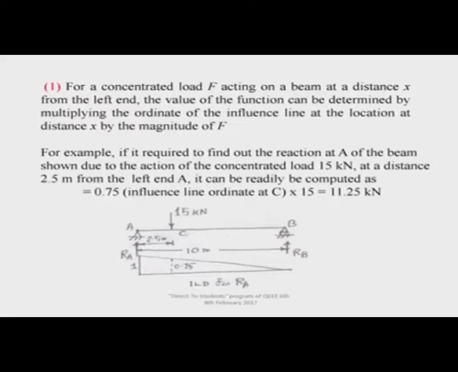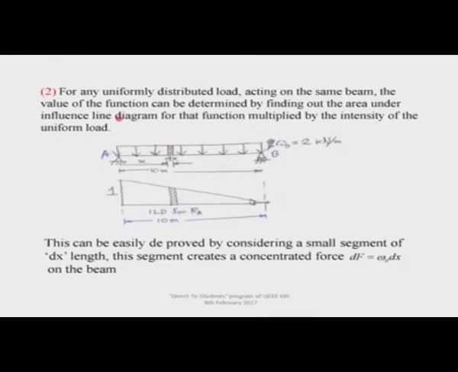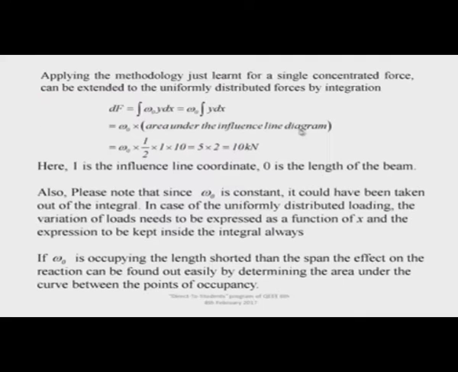Now, it has been extended to the uniformly distributed load. If there is a uniformly distributed load, in this example I have shown you, it extends from this end to this end. That is why we have integrated the area under the influence line diagram throughout the length.